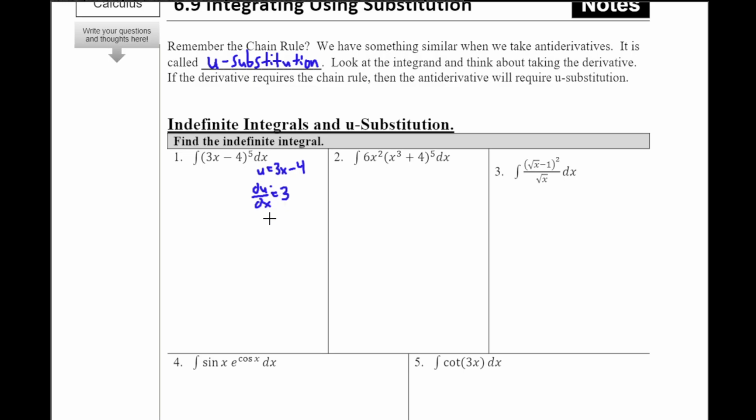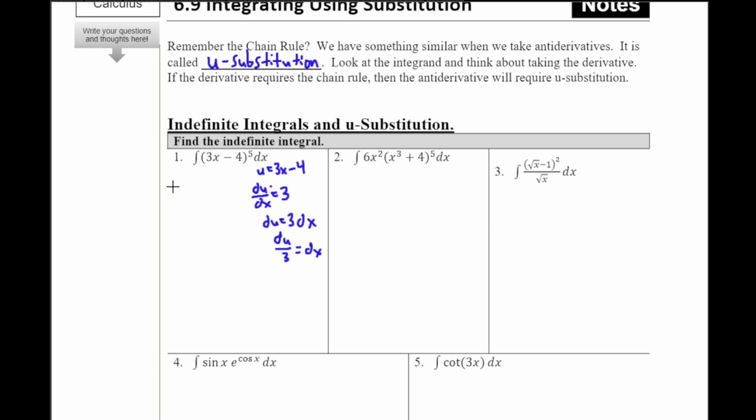If you bring the dx over, now it's du equals 3 dx. Before that, we have to have the dx by itself. So du over 3 is equal to dx.